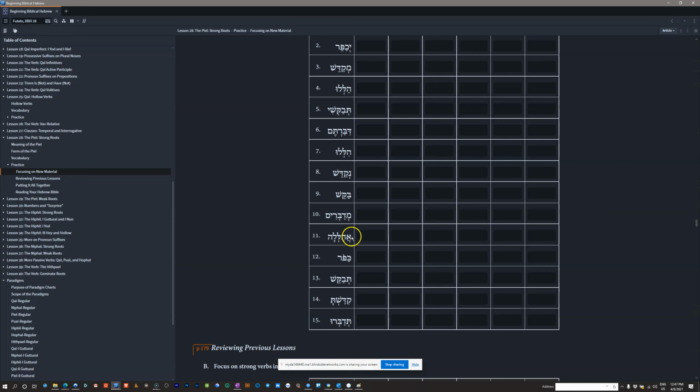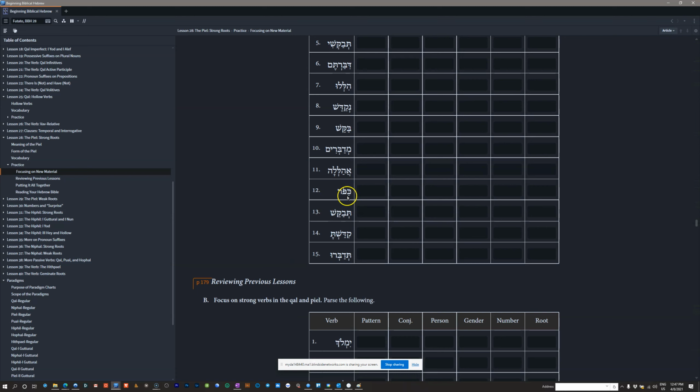Number 12, again, we've just got 3 letters, but we've got a patach in R1. And patach in R1 is indicative of a Piel in the imperfect family. So this is probably one of those Piels that has lost its prefix, either an infinitive or an imperative. So this is either a Piel infinitive construct of kipper, or it is a Piel imperative 2ms of kipper.